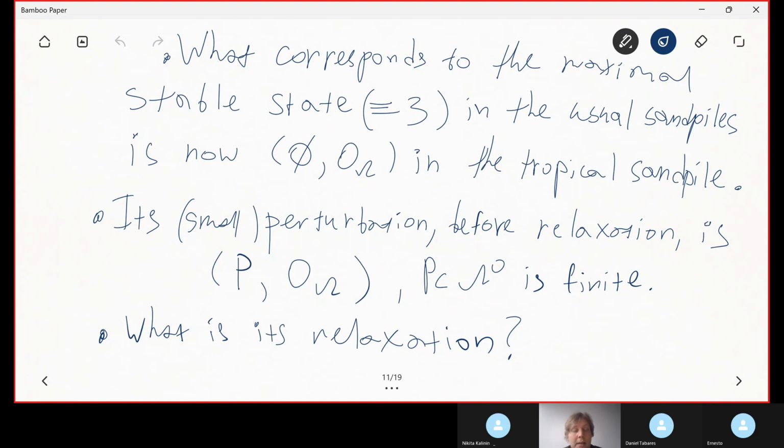And here at the tropical level, it's just done by introducing some collection of points where we would like to have our curve pass. So this state P0 is our state that we want to relax, but so far I didn't speak about the relaxation, and so now I want to tell what is the relaxation, at least of this state.